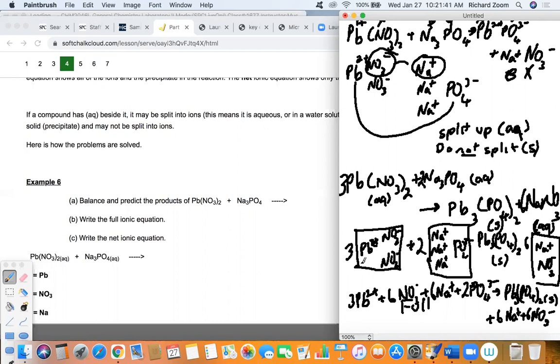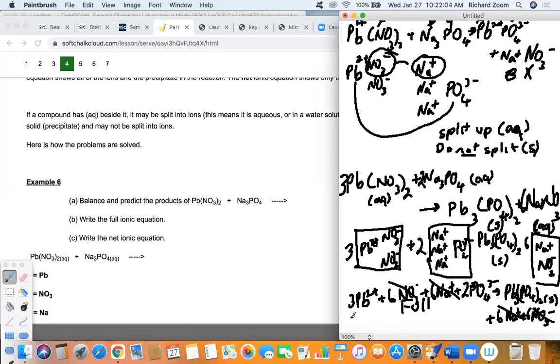Okay. So that's the full ionic equation. The net ionic equation, if you look at the full, you'll see that there's species that are the same on each side. You've got 6 Na+ and 6 NO3- and that's the same on each side. So if I want the net, what I have to do is cross those out on each side.